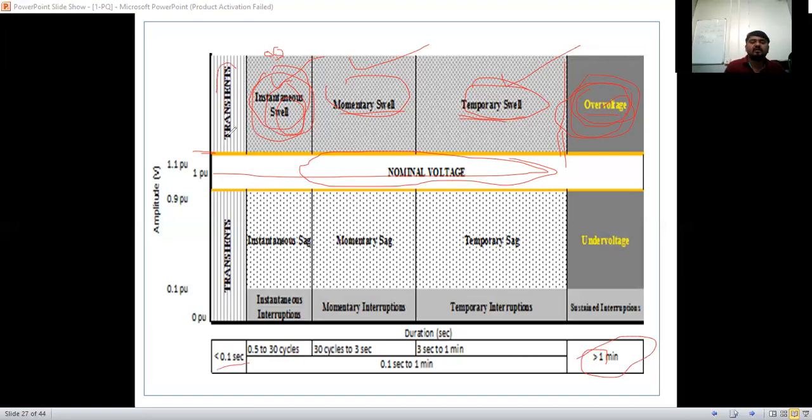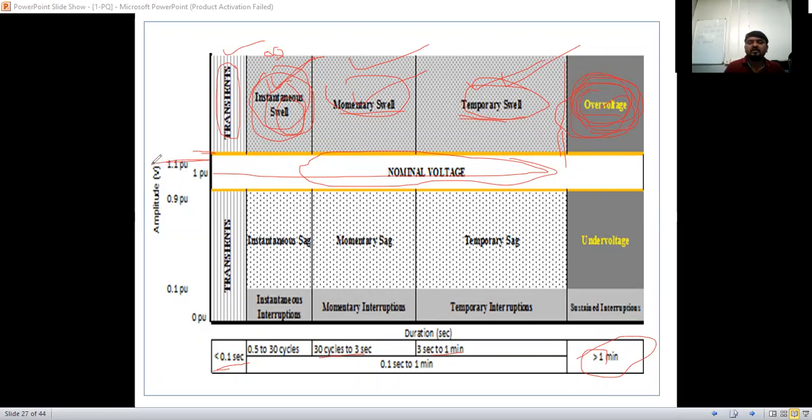If the voltage is more than 1 per unit for less than 1 second, that is called transients. 0.5 to 30 cycles is instantaneous swell. 30 cycles to 3 seconds is momentary swell. 3 seconds to 1 minute is temporary swell. If it is more than 1 minute, we call that over voltage.